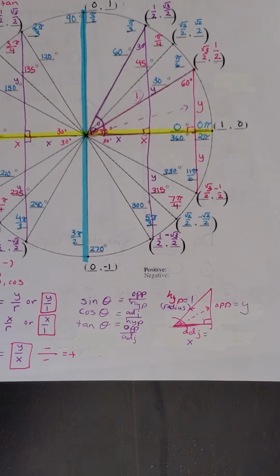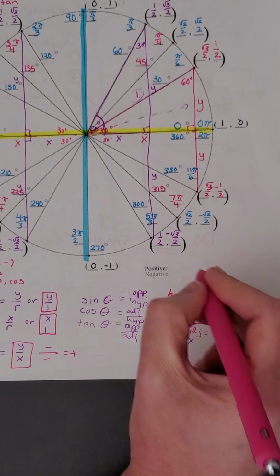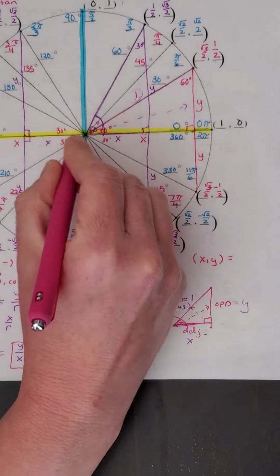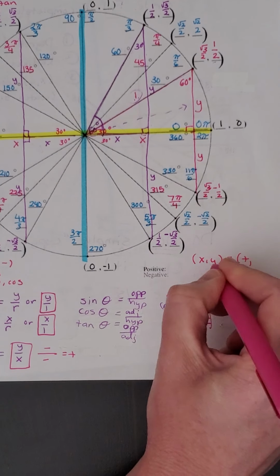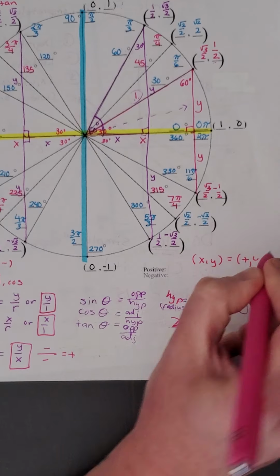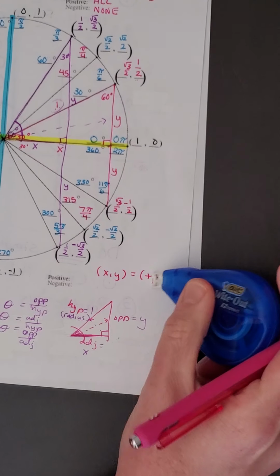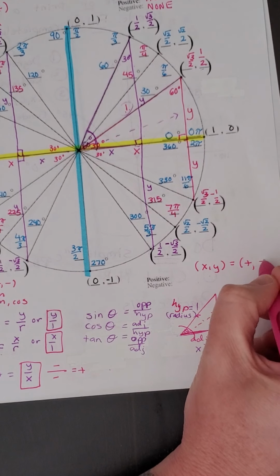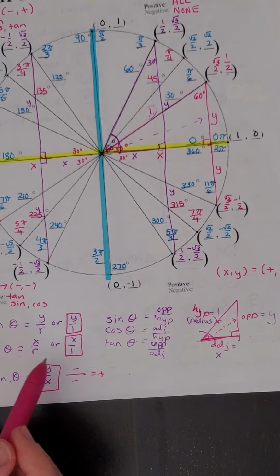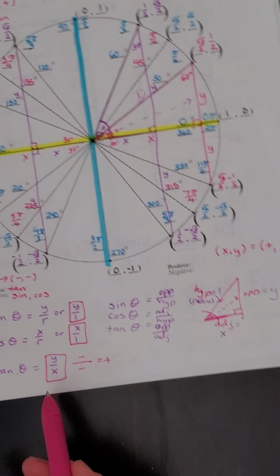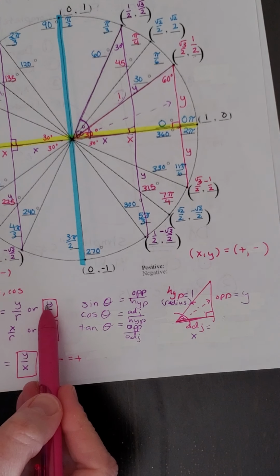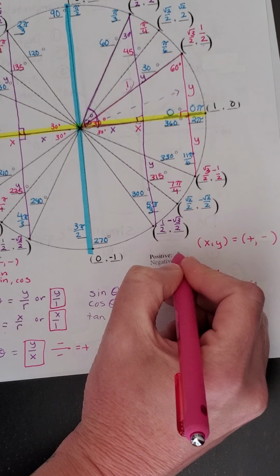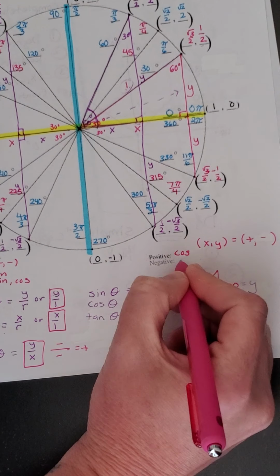And then finally, in quadrant 4, x is positive, but y is negative. Any function that uses y will be negative. So that means that sine and tangent will be negative, but cosine will be positive.